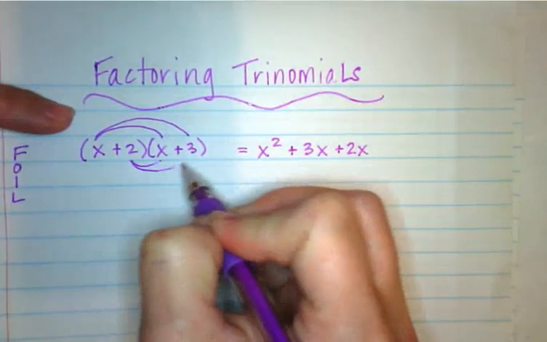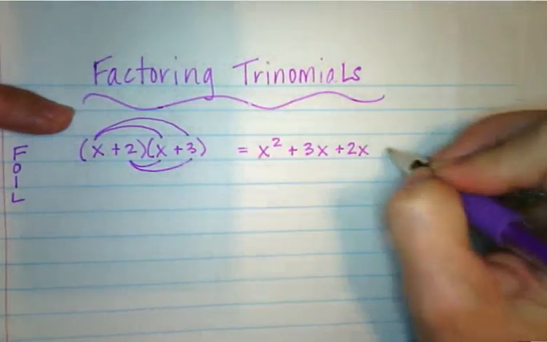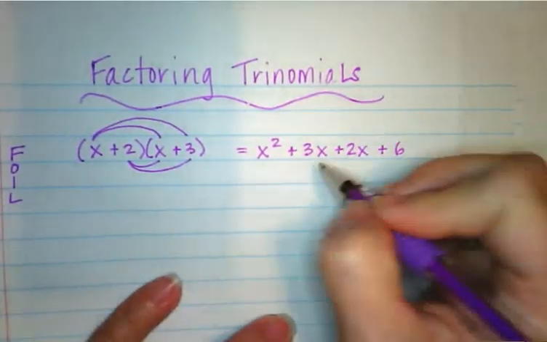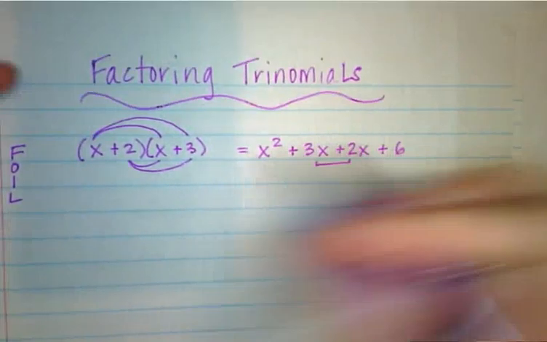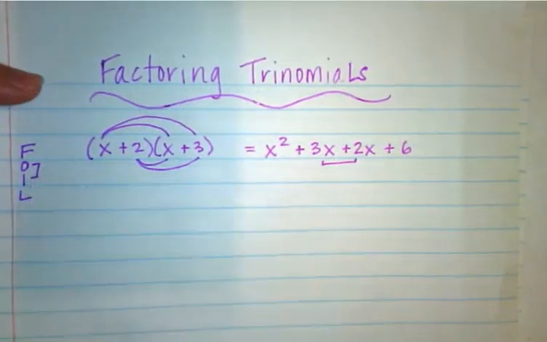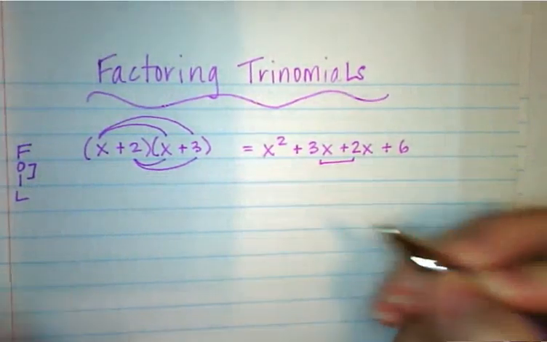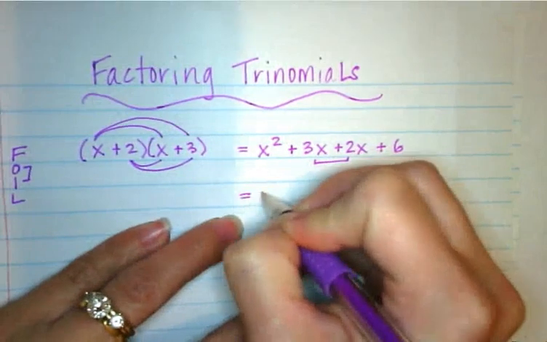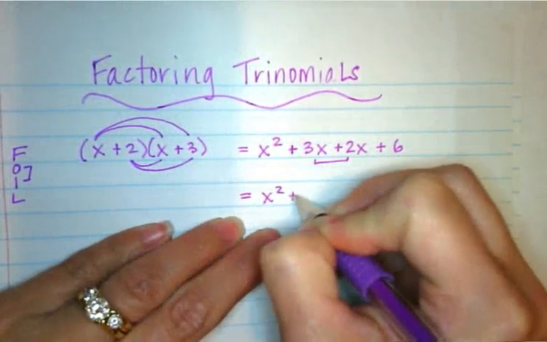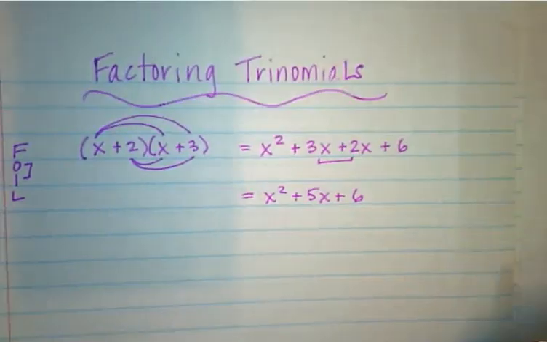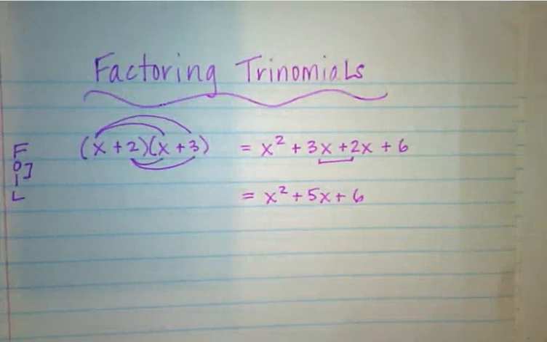And then the L is the last numbers multiplied, which would be positive 6. And then we learned back then that many times, the O and the I can be combined together because they're like terms. So this would end up being x squared plus 5x plus 6. So that's what we learned back in Unit 1.